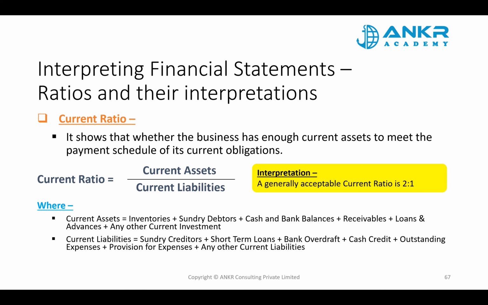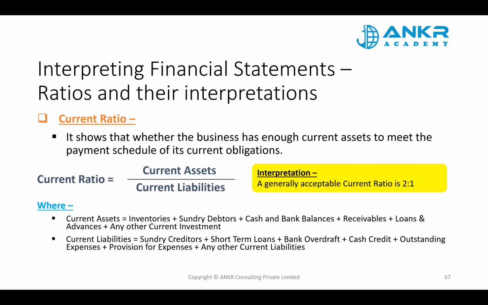Current liabilities include all short-term creditors, short-term loans, bank overdraft, cash credit, because these are all items which you might need to pay in a very short period of time, let's say 1 month or 15 days to 3 months, and hence these are all current liabilities.